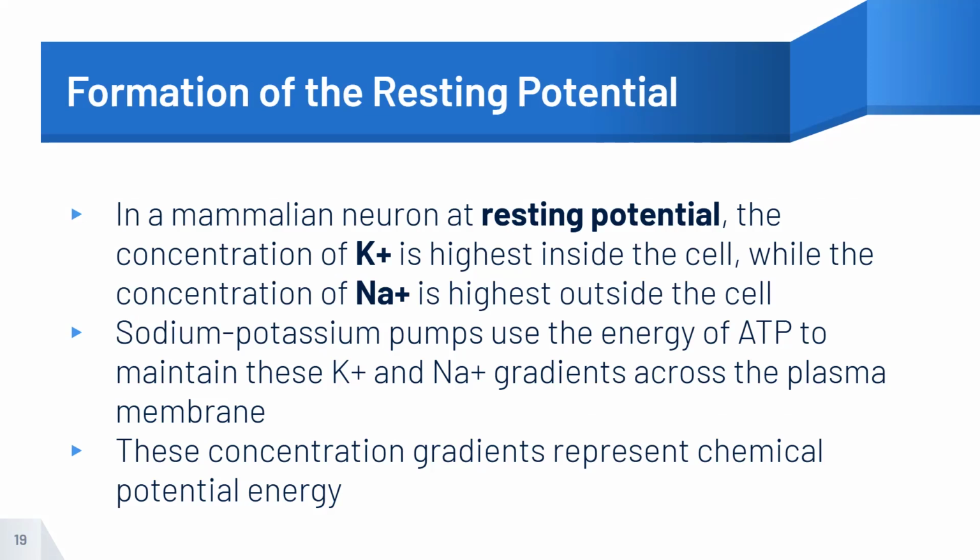Both of those are positively charged, but the inside of the cell is normally negatively charged, and that is because there are proteins and other large molecules inside the cell that are negatively charged, making it negative inside and positive outside.